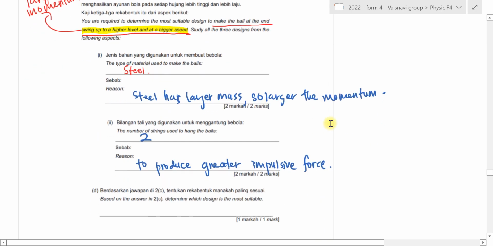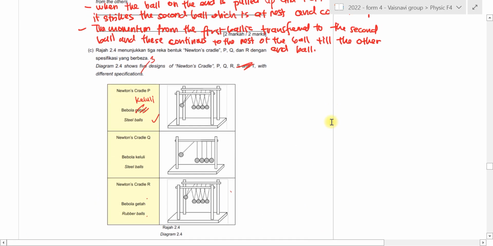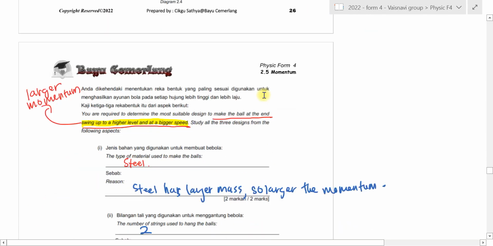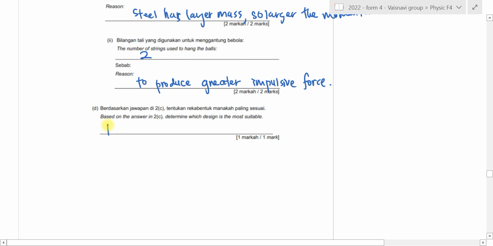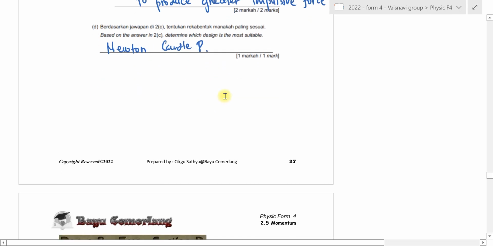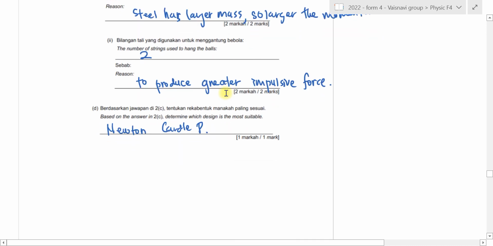We need to check. Your Newton's cradle P. Okay, so just write there Newton's cradle P. Right. Condenser. All right.